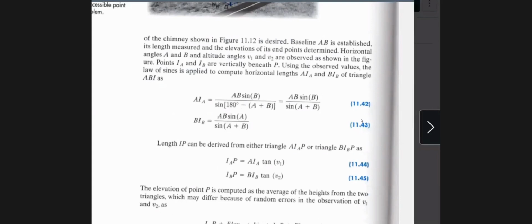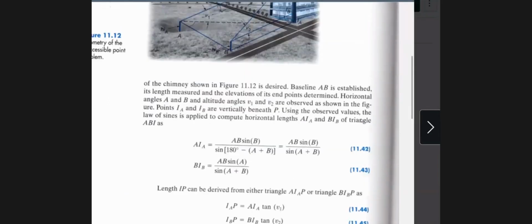Look now at formula 11.44 and 11.45. You're taking the tangent of the vertical angle that you measured times the distance that you calculated in the prior two formulas.